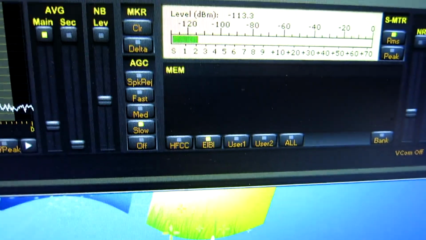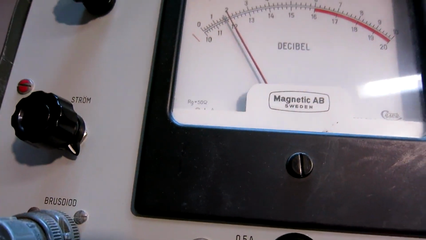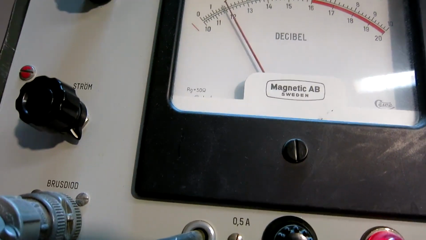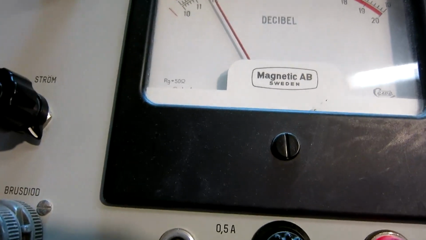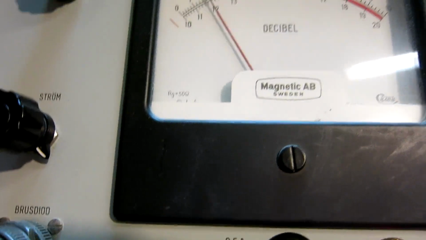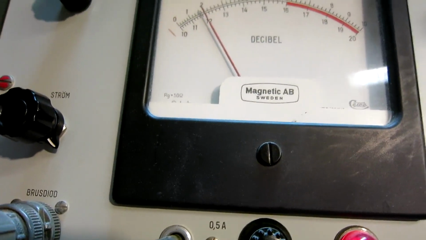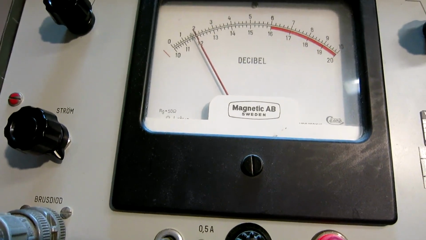Minus 113.2. And then the noise temperature of the noise source is minus 172 dBm per hertz. That's 2 decibels above room temperature.